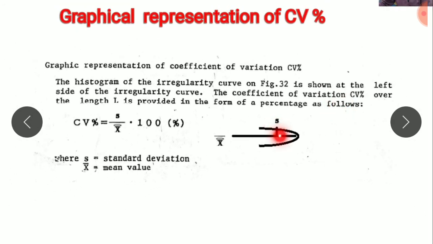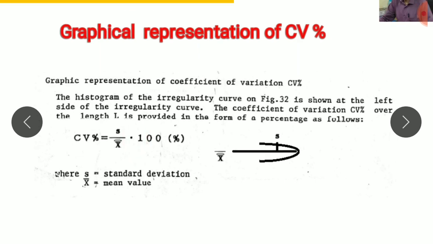S means standard deviation. The value CV percent is equal to the standard deviation expressed as a percentage of x bar. So S, standard deviation, divided by mean value, into 100. So this graphically represents CV percent of mass variations.